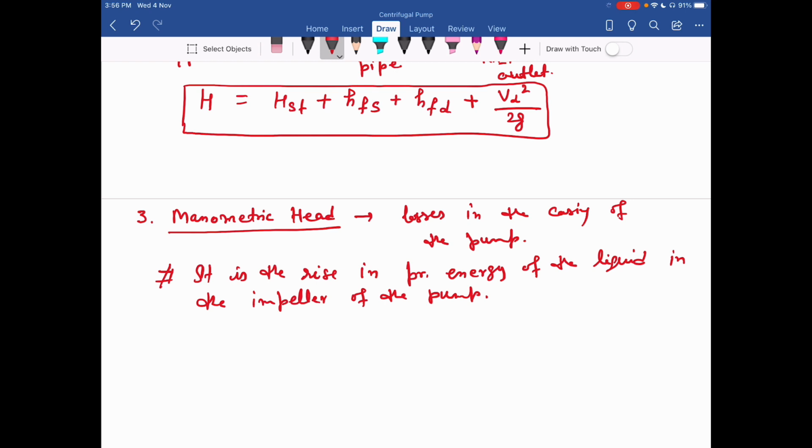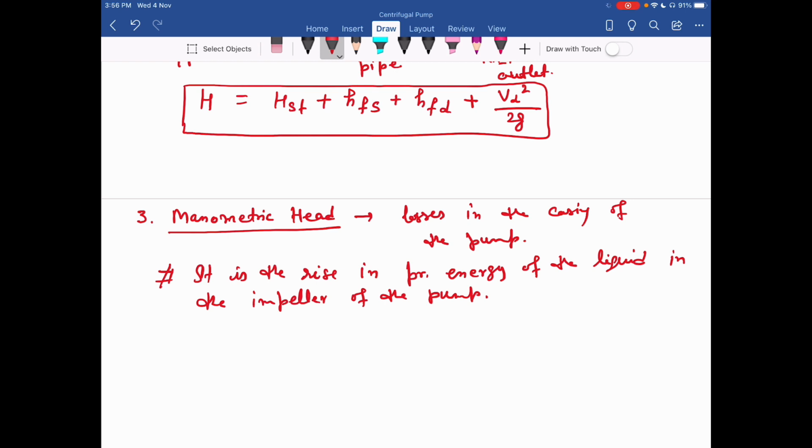Now, the difference in readings of these two pressure gauges gives us the manometric head. If you install two different pressure gauges, one on the suction side, one on the delivery side, close to the pump, the difference of reading of these two pressure gauges gives us the manometric head.